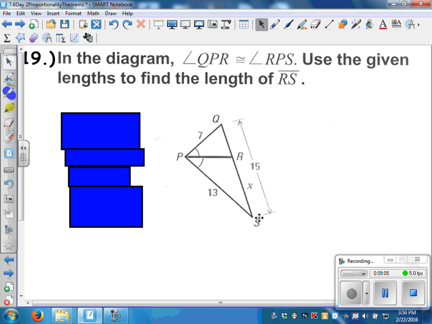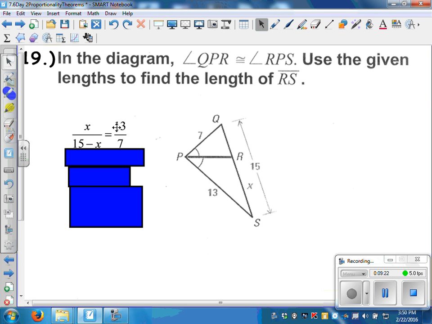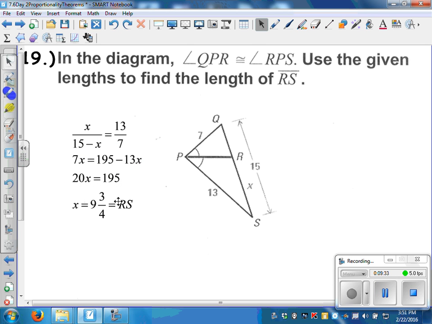So in this particular problem, QS is 15, RS is X. It follows that QR would be 15 minus X. Based on the angle bisector proportionality theorem, you can set x over 15 minus x equals 13 over 7. Cross multiplication with division gives you an answer of 9 3/4, and that represents the length from R to S.